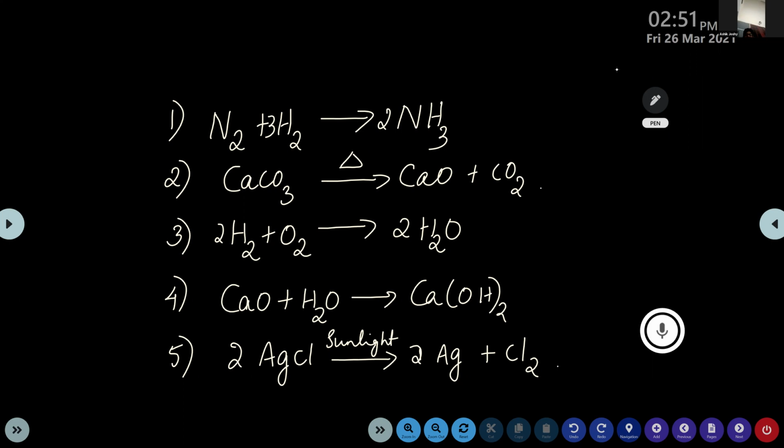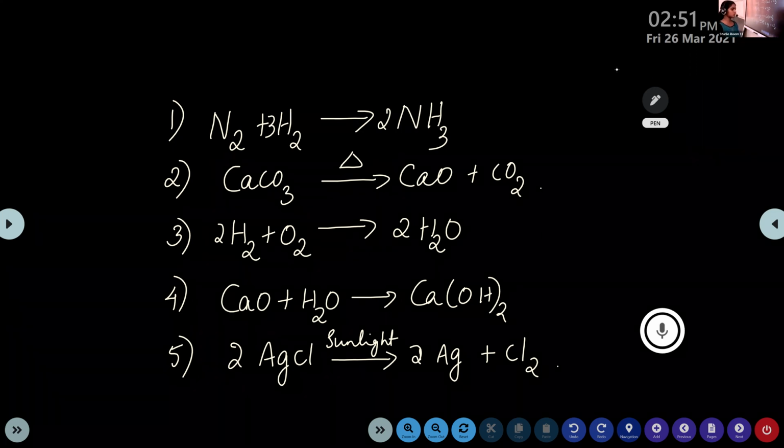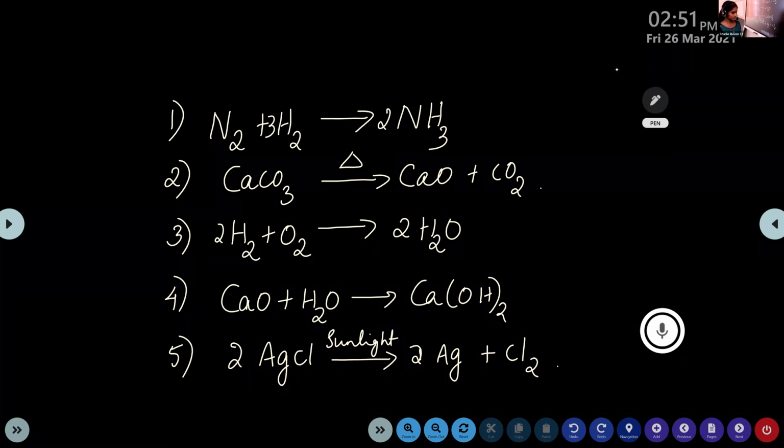Tell me, what's the name of this type of reaction? We just learned only 2 types of reactions, so it's very easy for you. Now you will study around 6 types of reaction. Tell me, if it is wrong, no issue. You can tell me.